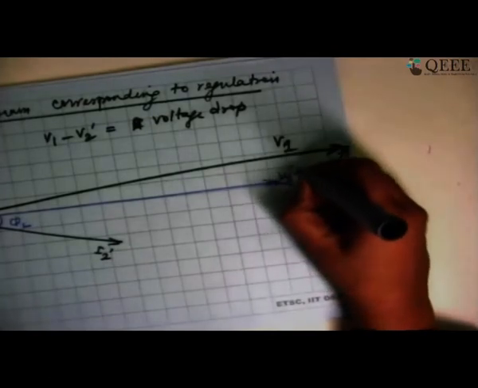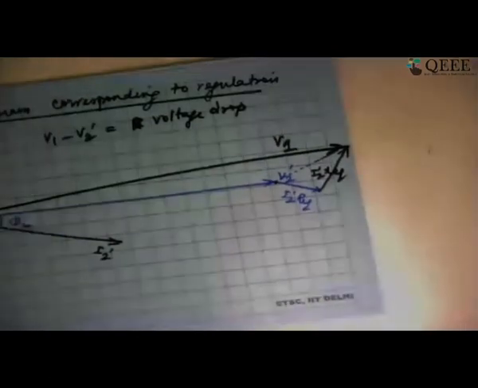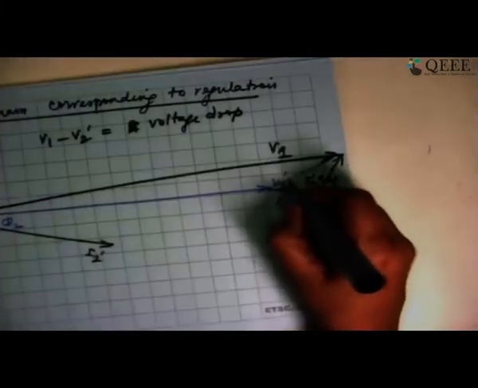Let me try to finish this I2' Z equivalent. The dotted line is I2' Z equivalent. If I look at what angle this is, this angle I can call phi equivalent. Phi equivalent is tan inverse of X equivalent divided by R equivalent.